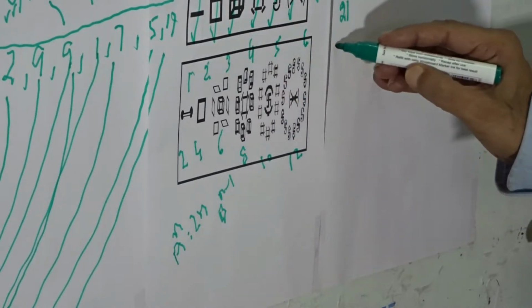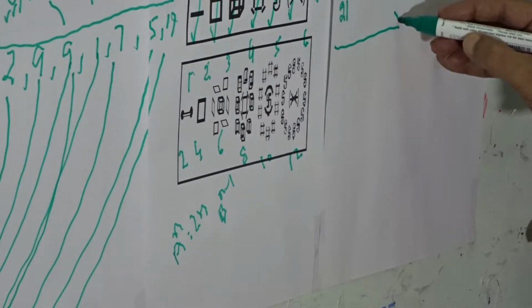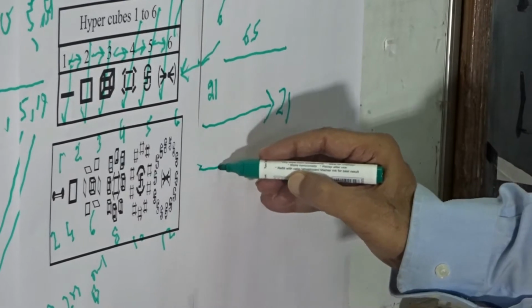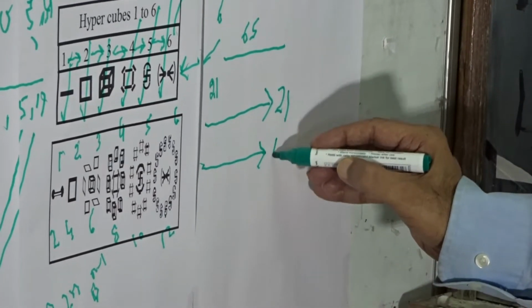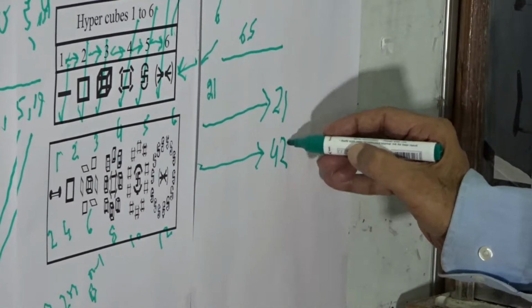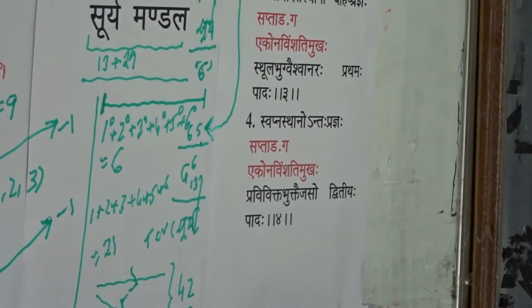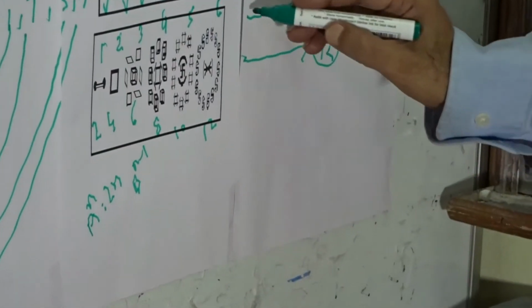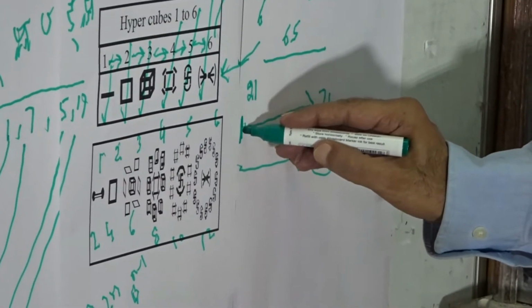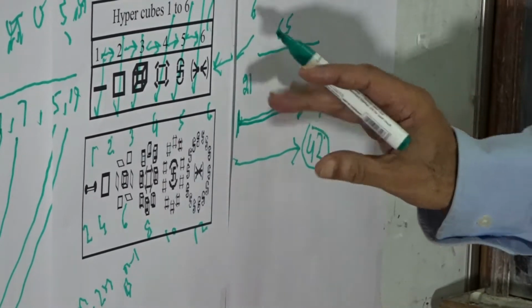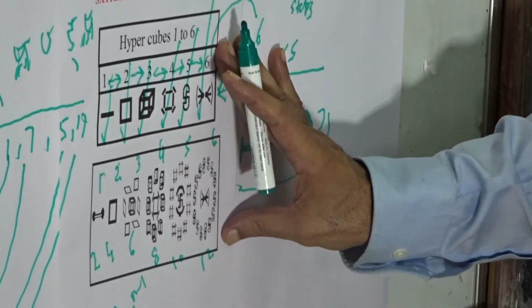So the reach at the domain is a reach of value 21, and the reach at the boundary is at value 42. It is this reach which is a Saur-Mandal. So in a Saur-Mandal we are reaching at this particular value, and this reach is going to be as a linear reach of value 21 of a Sthapatyamai ring rod.